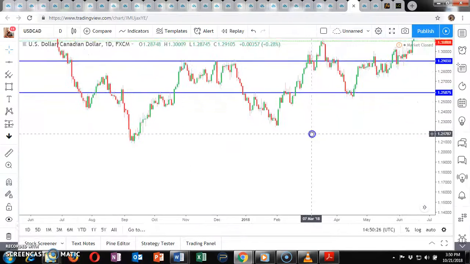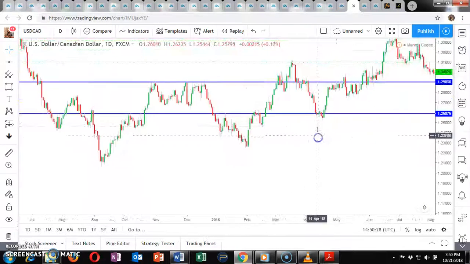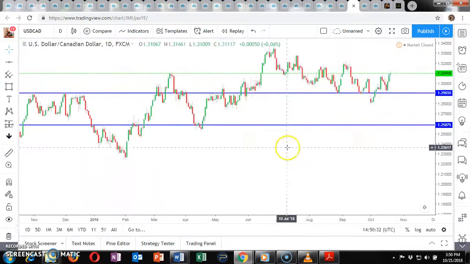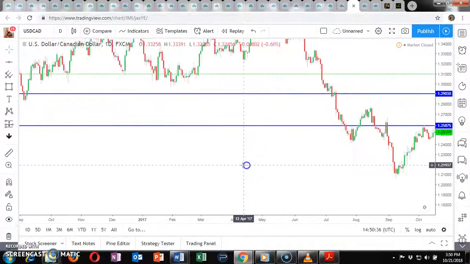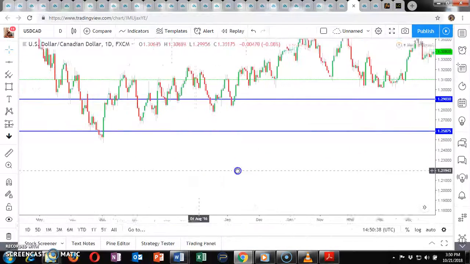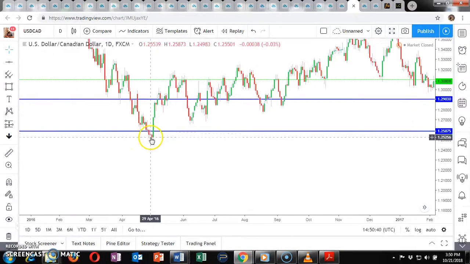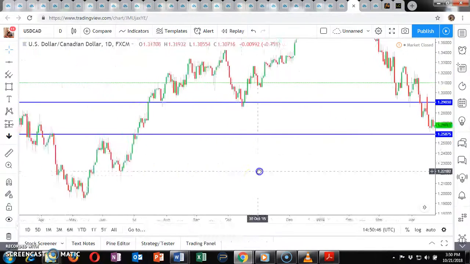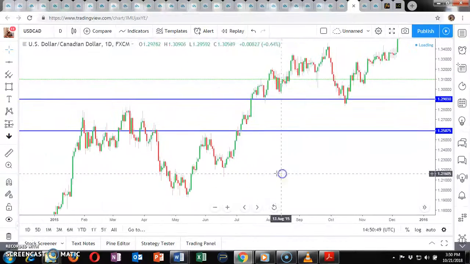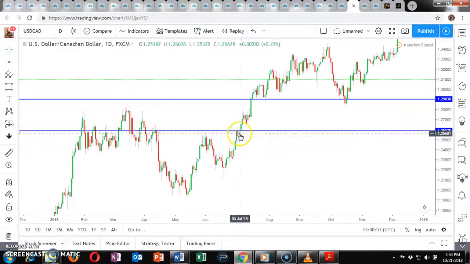Now you come forward and you see the market testing this line again as support, and if you go into the past, you find the market testing this region here as your support. Go further into the past and you see the market testing this line here as support, as resistance here before it broke through.